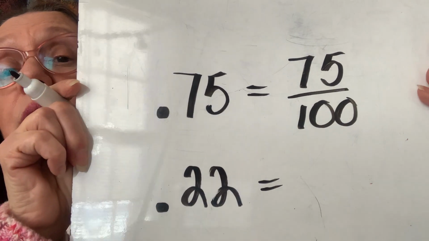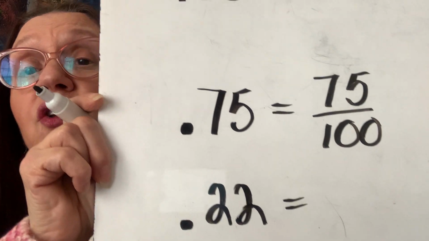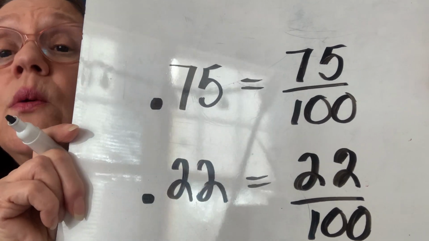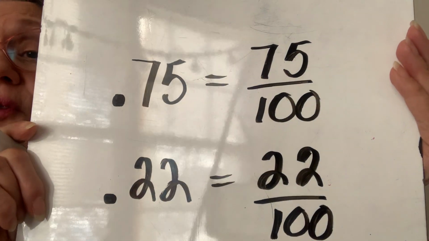Here's another example, 22 hundredths. So I would write 22 over 100. And if I wanted to simplify or reduce that fraction to its lowest terms, now it will just behave like a typical fraction.